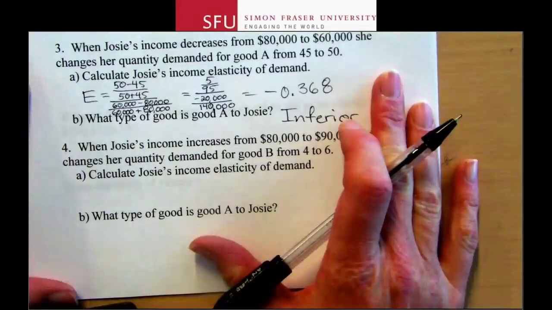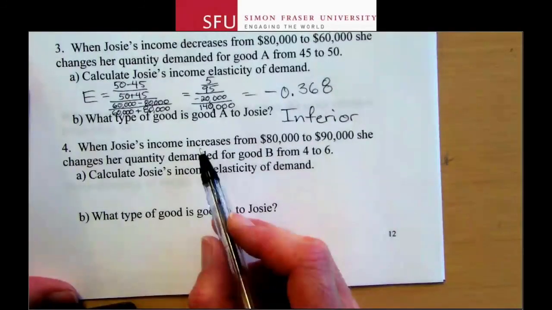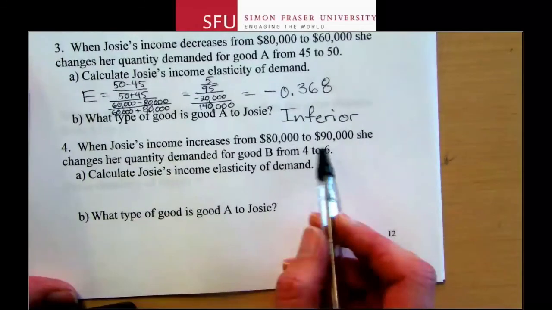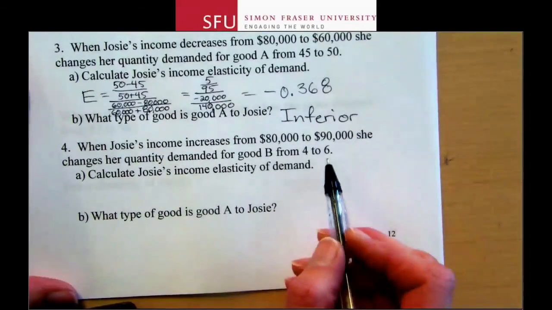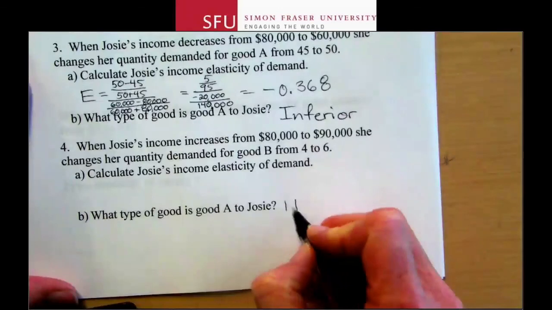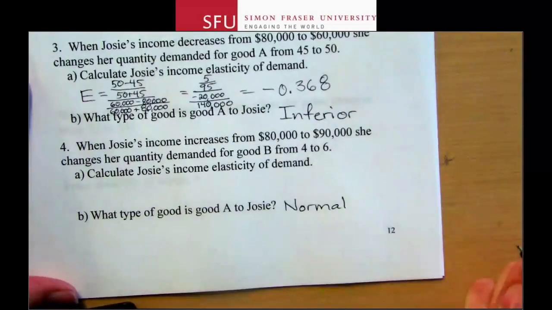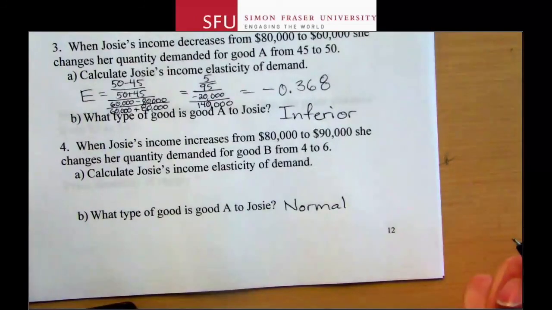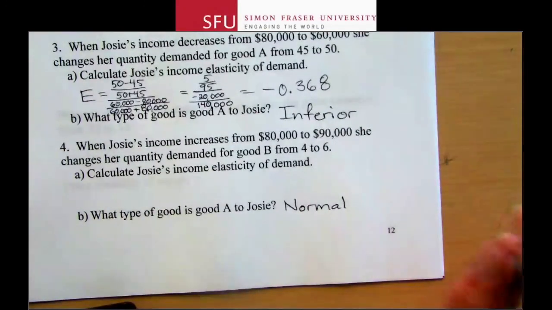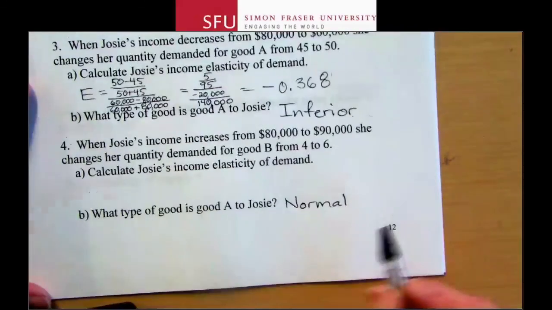All right, last one. Now her income increases and she buys more of the good. So that will be a normal good. And it will also be either a necessity or a luxury, but that will depend on whether the result is more than one or less than one. So we'll have to do the calculation to figure that out. Okay.